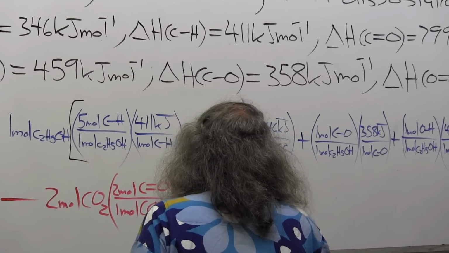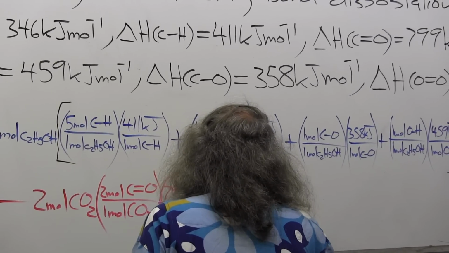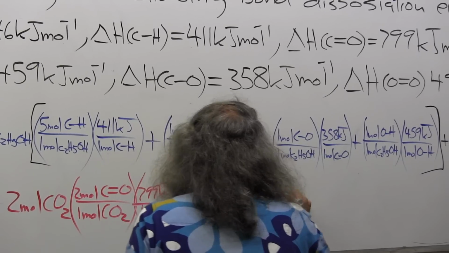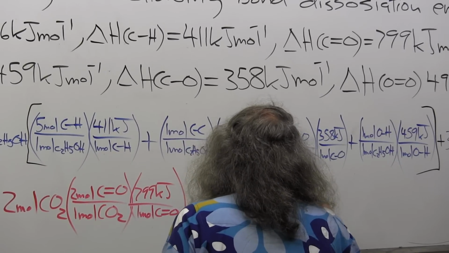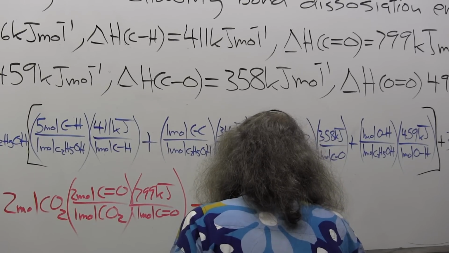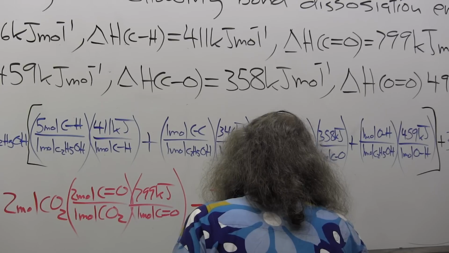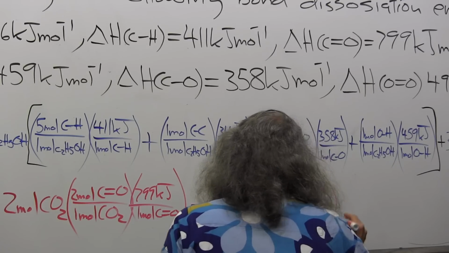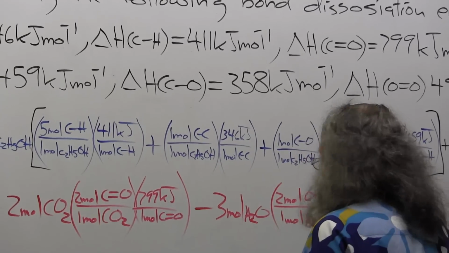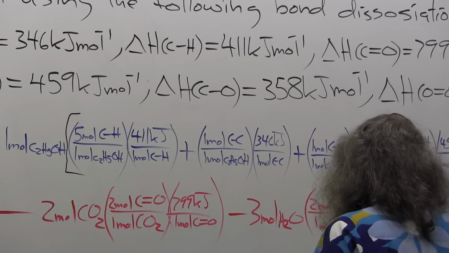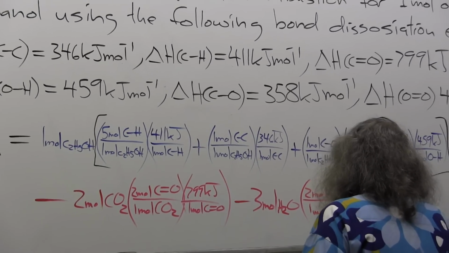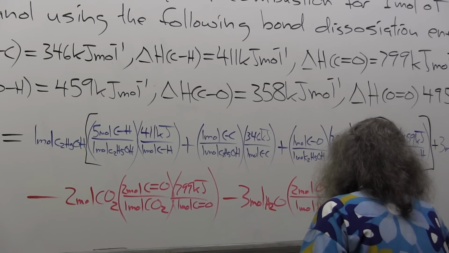minus 3 moles of H2O, and there are 2 moles of OH bonds for every 1 mole of H2O, and there are 459 kilojoules for every 1 mole of OH.